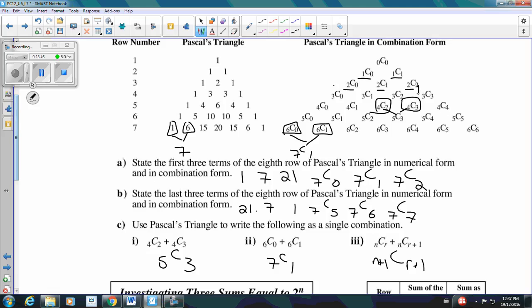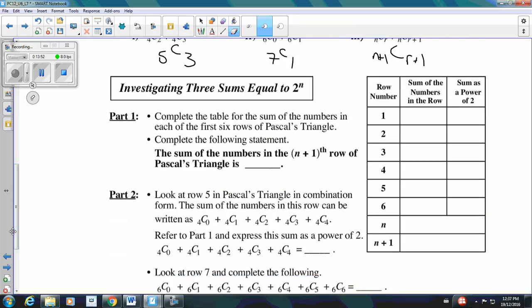First one is 1. Second one is 2. Then 4. Then 8. Then 16. Then 32. So looking at powers of 2, that is 2 to the 0, 2 to the 1, 2 squared, 2 cubed, 2 to the 4, 2 to the 5.